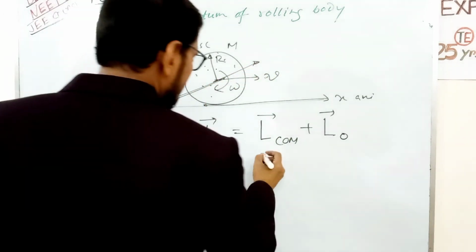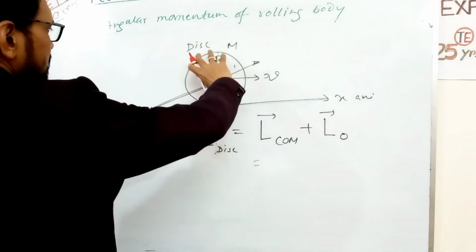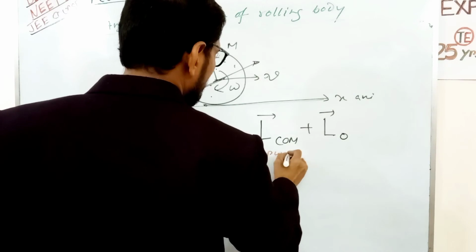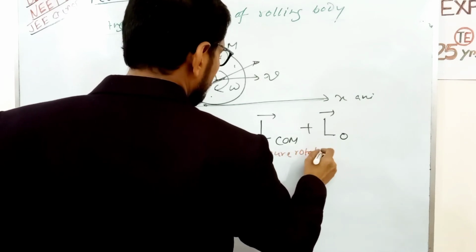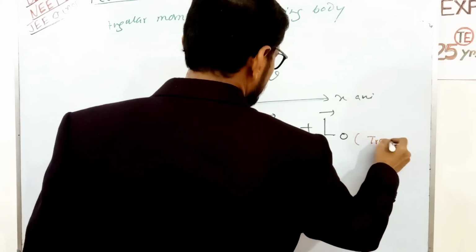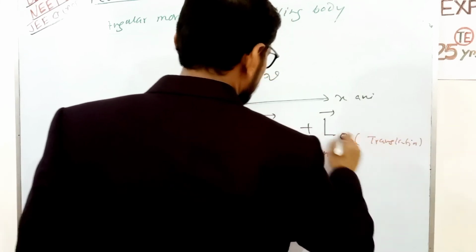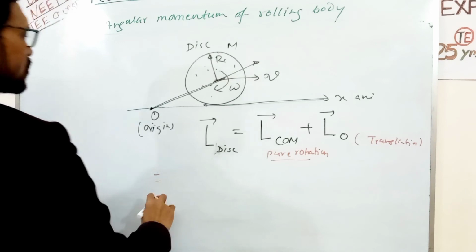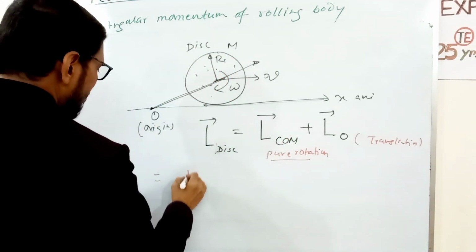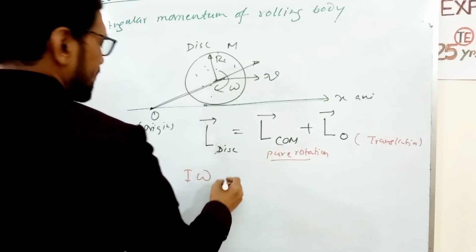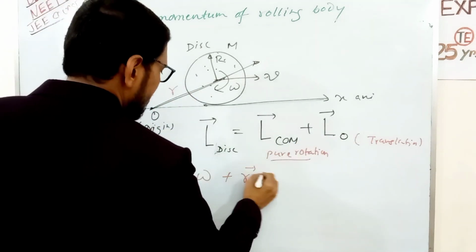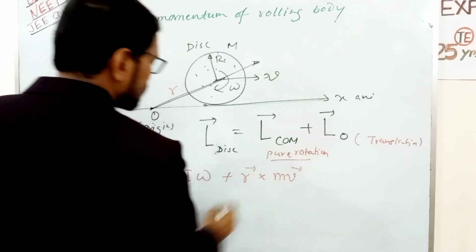Now what is LCM? This is applicable for pure rotation. If the body rotates, the angular momentum about the center of mass will be I omega, we know that. And LO about the point is r cross mv, we know the formula.